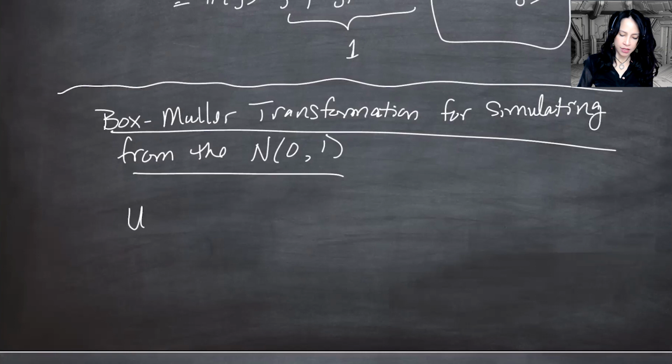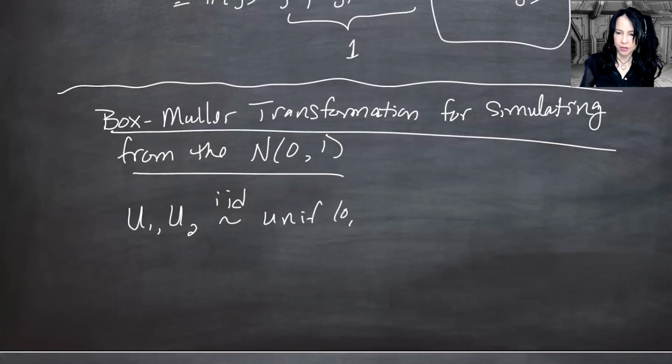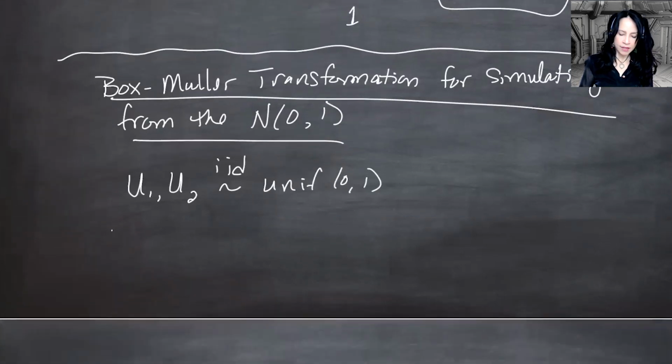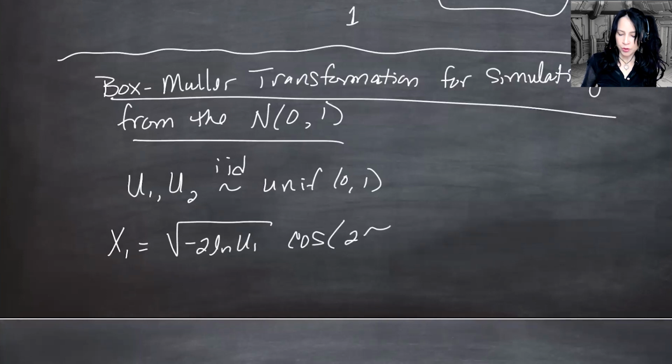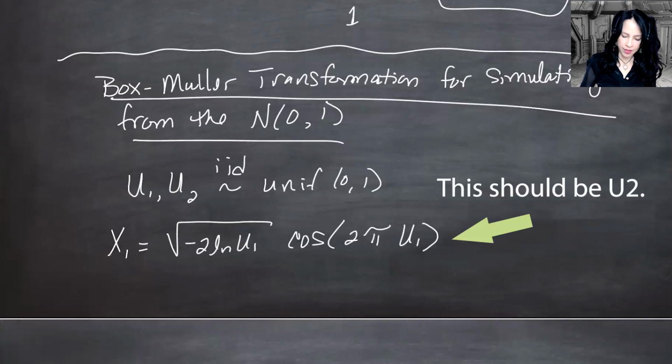If you take a U1 and a U2, and they are IID uniform 0, 1, and then if you compute an x1, which I'm going to define to be the square root of -2 log U1 cosine 2 pi U1, and an x2 is going to be the same thing, but with a sine in it.